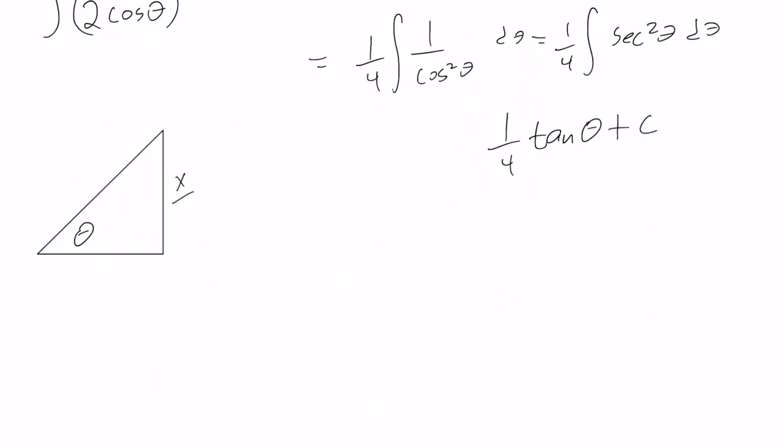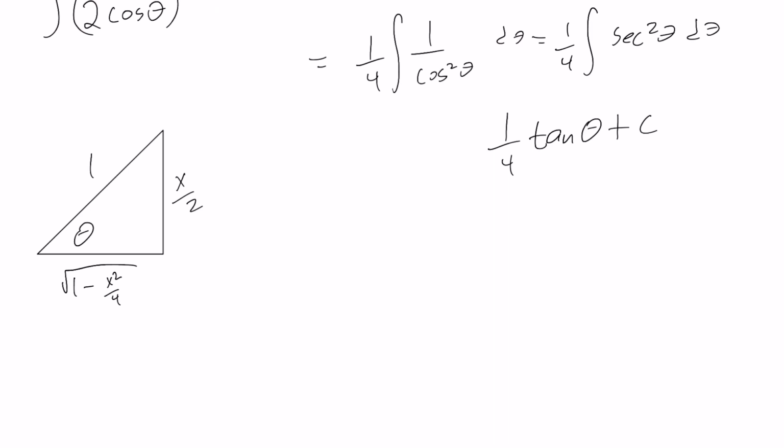So that means that this side length is x over 2. This side length is 1. Now, tangent of theta is opposite over adjacent. I know my opposite side from theta. I just need to find my adjacent side, but we can do that with the Pythagorean theorem yet again. It's very handy. So that's the square root of 1 minus x squared over 4, or x over 2 squared.